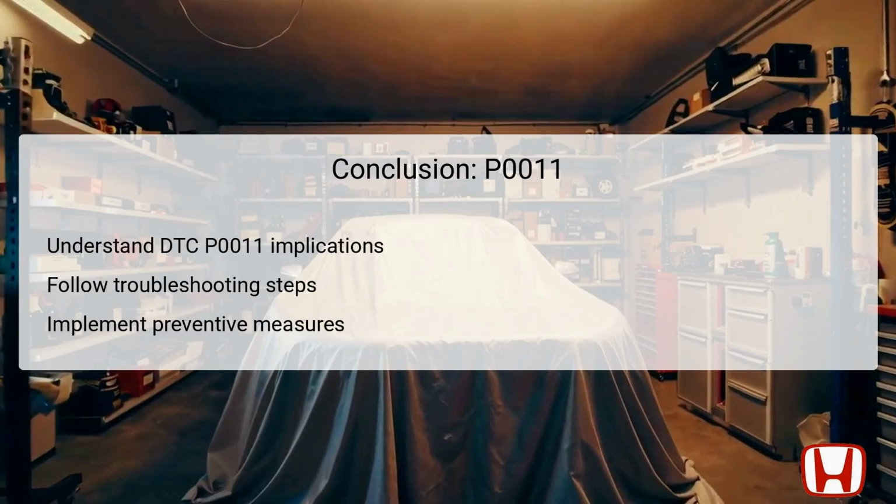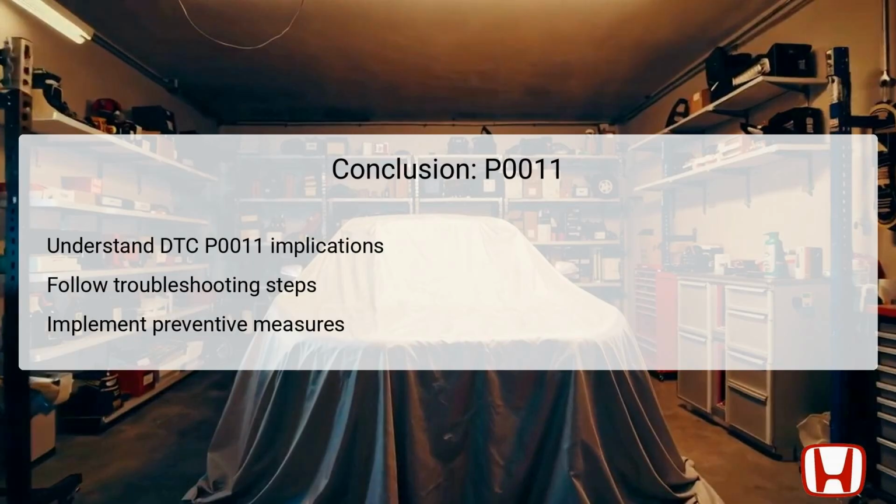In summary, the DTC P0011 indicates a problem with the variable valve timing control system that affects engine performance. Understanding the implications of this code is essential for addressing the malfunction effectively. Following the outlined troubleshooting steps, beginning with diagnostic tests and leading through verification after repairs, enables a structured approach to resolving the issue.